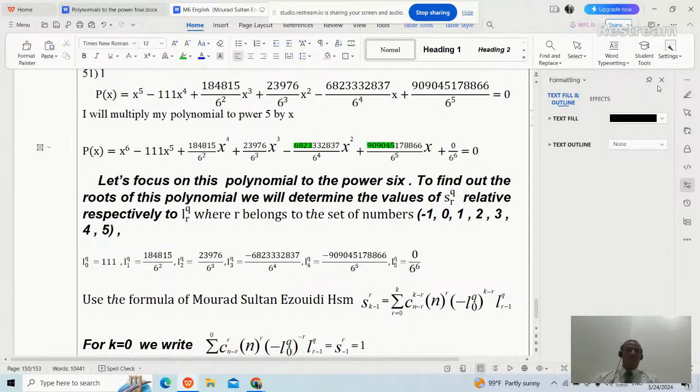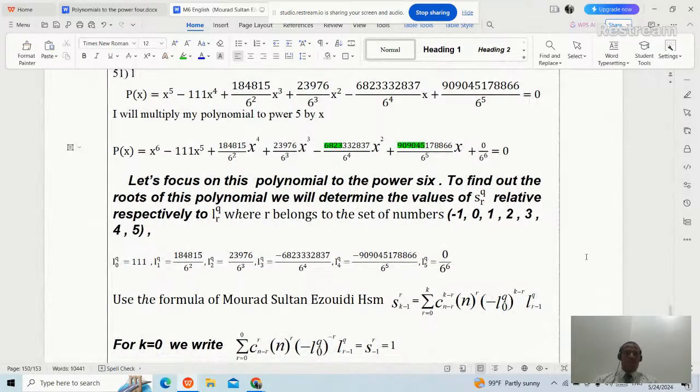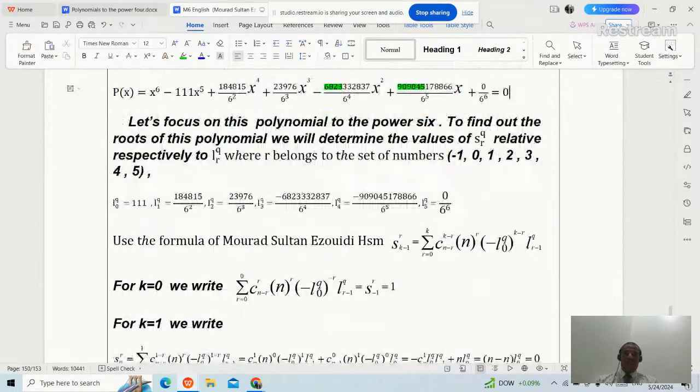I will just close this one. Now you can see the coefficients of the x terms, raised to the power 5, then 4, then 3, then 2, then 1, and then x raised to the power 0, which is a constant. So now, learners, we are going to use the discriminant formula.